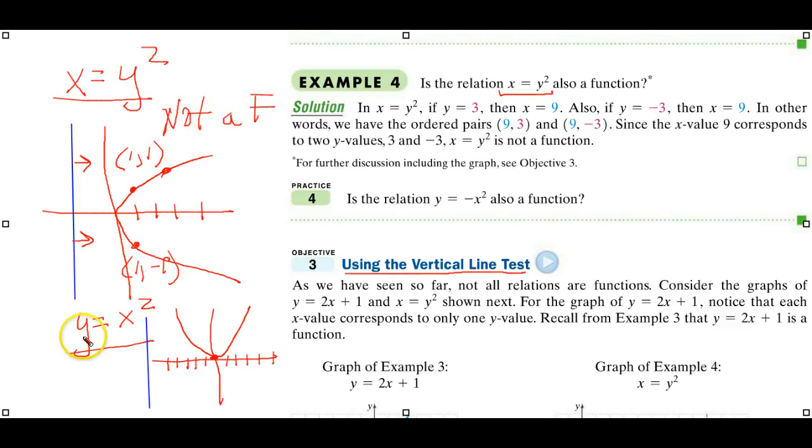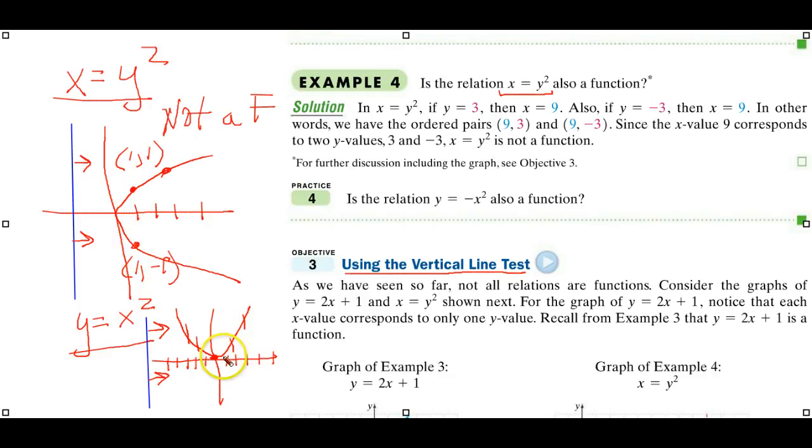Now, as we look at this parabola, y equals x squared, as we pass this line over the face of this graph, does it intersect the graph in more than one place? Well, it's once there, once there, once there, and the answer is it only intersects in one place, not in two places like we see here, only one place.